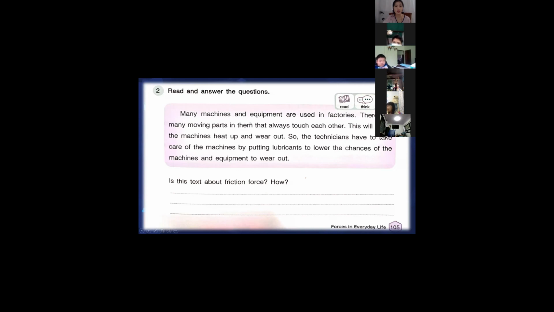Is this text all about friction? Yes or no? As you can see here, there are many moving parts in them that always touch each other. Do you think this is all about friction? Who says yes?